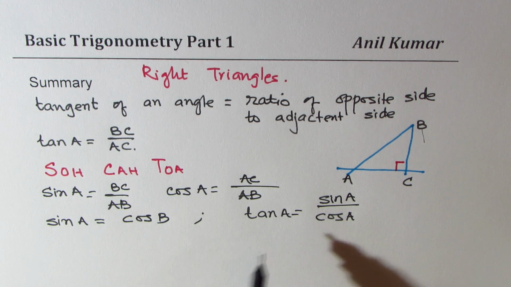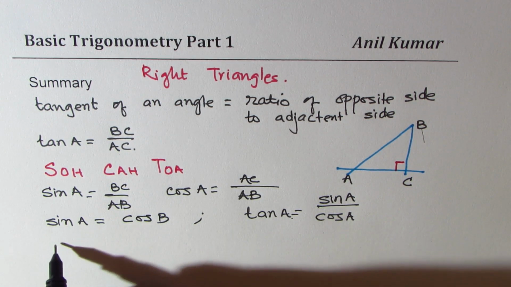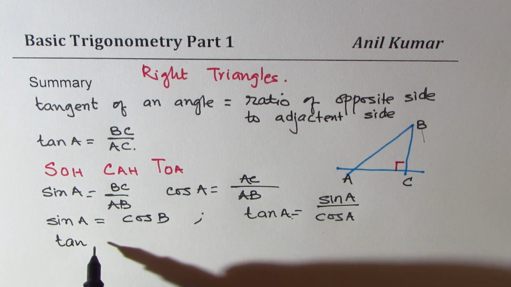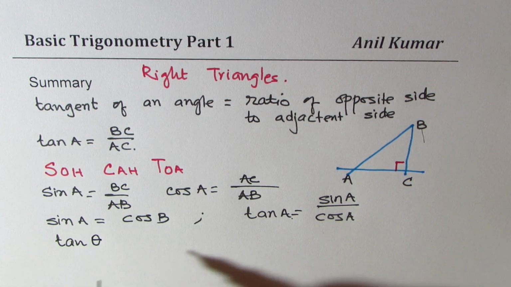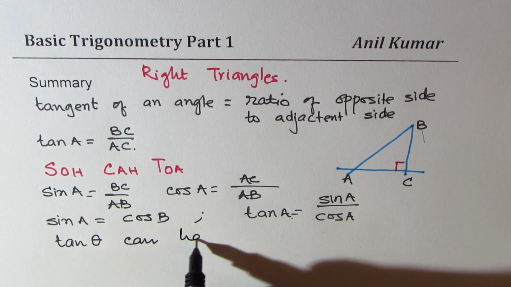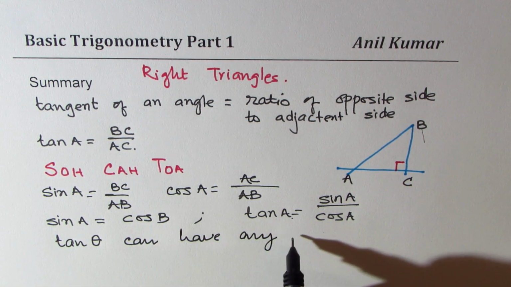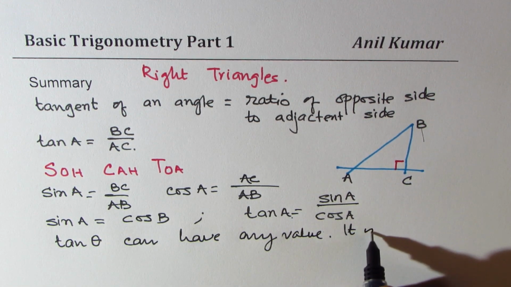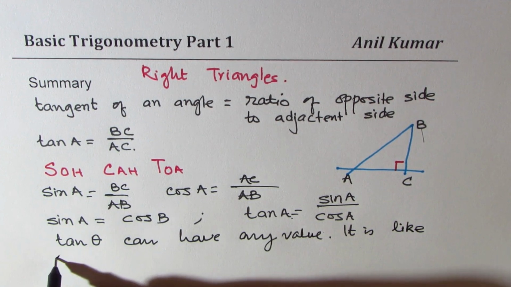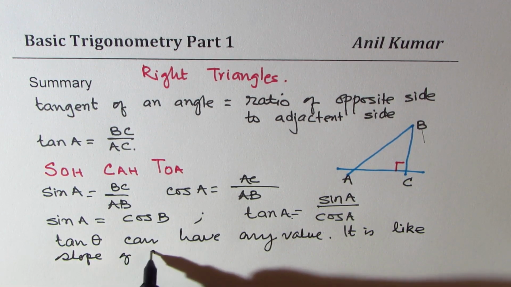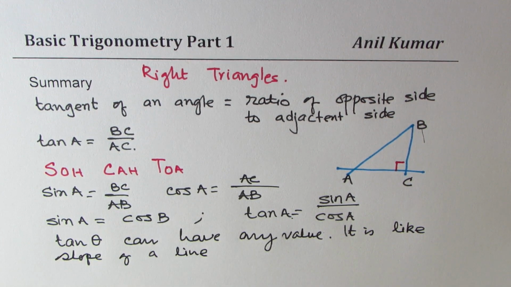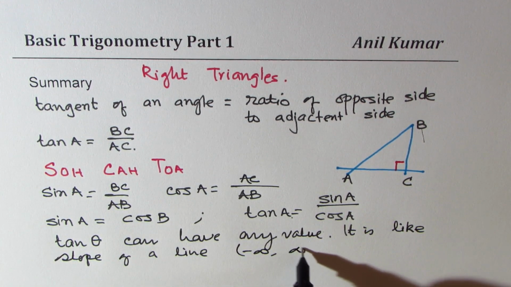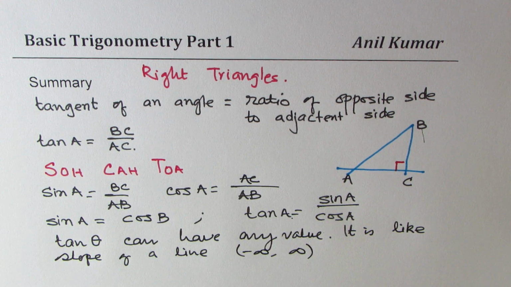Perfect. And you also learned that tan A is equal to sine A over cos A. And something more than that which we learned is that tan theta, in general, can have any value, right? Since it is like the slope of a line, correct? So that means the values could be from minus infinity to plus infinity. You could have a horizontal line, a vertical line, you could have sloping downwards and going upwards.